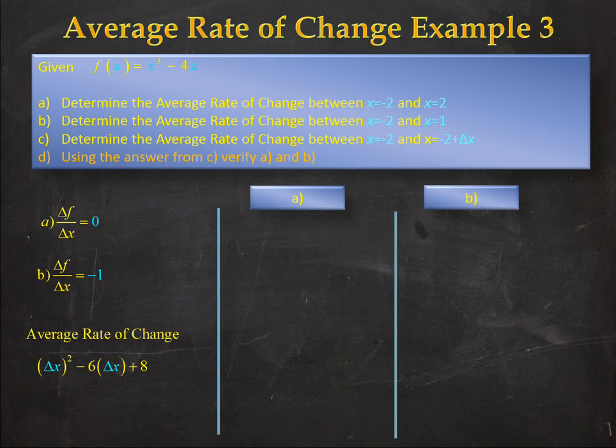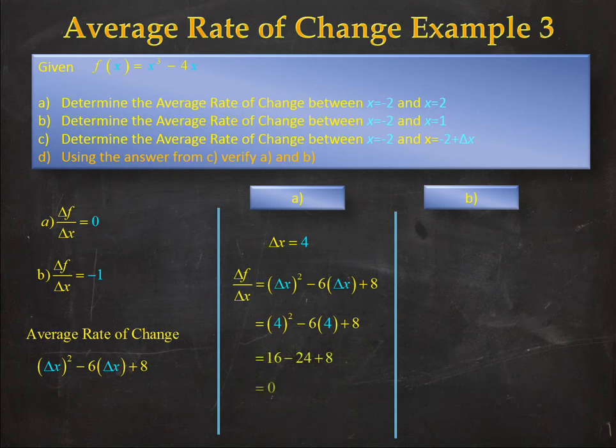So for A, our initial point was minus 2, and our final point was 2. Well, the distance between minus 2 and 2 is 4. So in other words, delta x is equal to 4. So I'm just going to substitute that into my expression. Here we go. Now just a wee bit of algebra and some house cleaning, and lo and behold, we get the same answer as we got doing it the longer way.